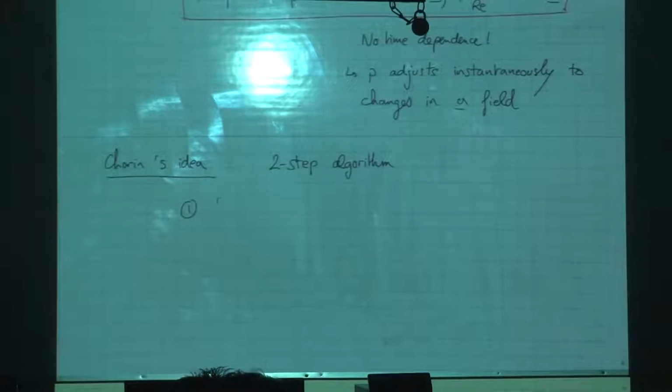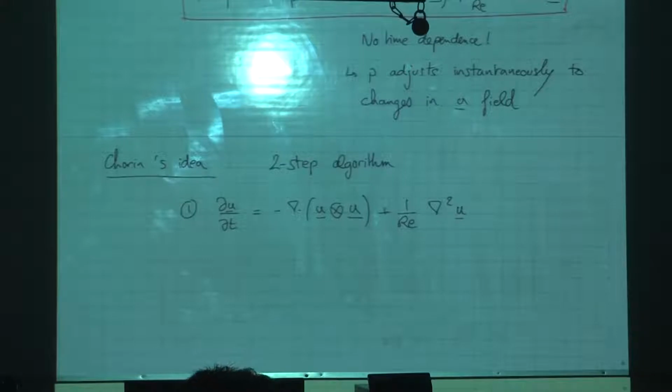Step one, we solve everything without the pressure, plus 1 over the Reynolds number times the Laplacian of the velocity. So I have everything of Navier-Stokes here except for the pressure. This is obviously not Navier-Stokes.